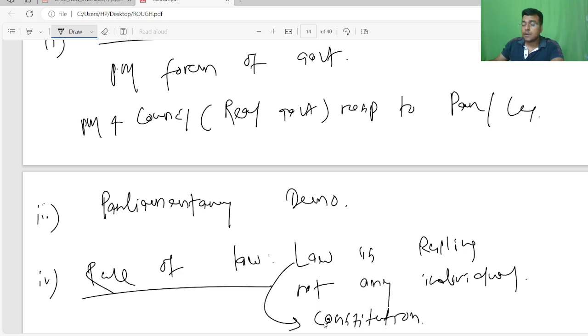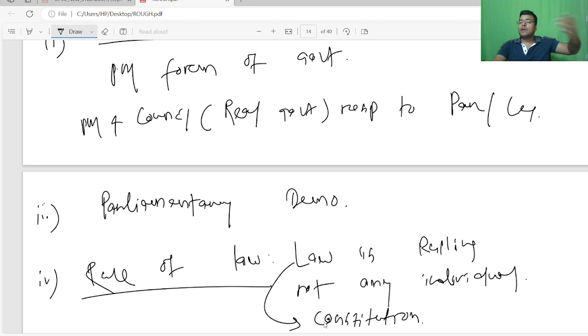I think it is very clear. So what is the background of rule of law? It means who is primary, who is ruling: not any individual, not any king, not any prime minister, not any chief minister. It is the law which is written in the Constitution that is ruling the nation. Just imagine. Law which is mentioned in the Constitution is ruling India.